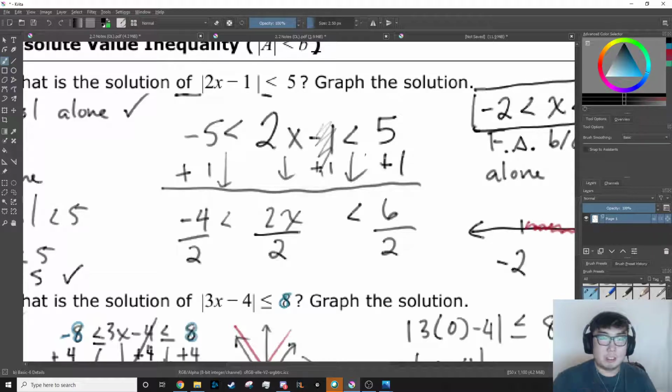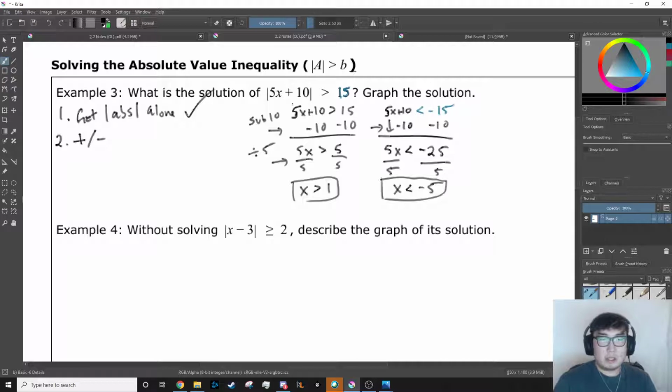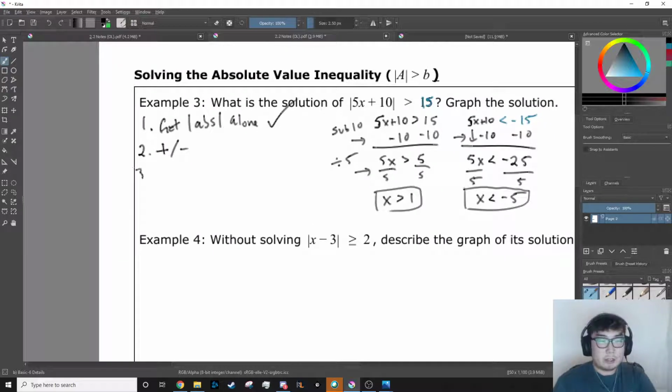So I'm allowed to combine those statements. But with this, I still can, but my inequalities would be facing weirdly, and it doesn't seem appropriate for me as a teacher to teach you that. Oh, we already did step 3. Get x alone.